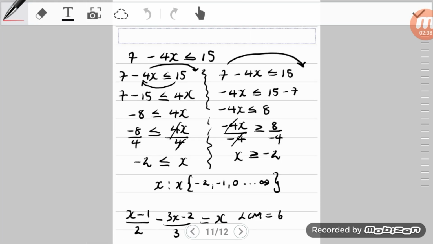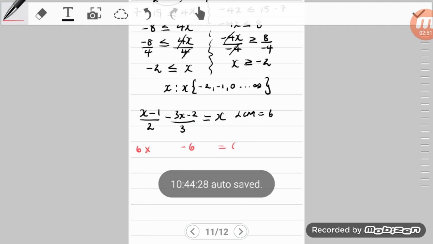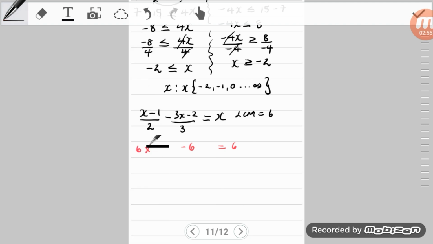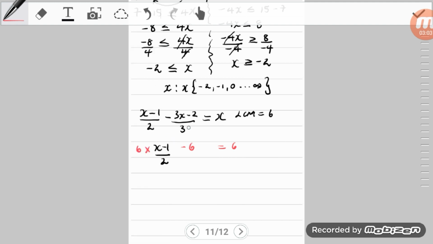So 6 is going to multiply the x minus 1 over 2. And then I'm going to be using the 6 again to multiply the 3x minus 2 over 3. And then once again, I'm going to be using the 6 to multiply the x. So let's just put those in. The 6, which is the LCM, is going to multiply the x minus 1 over 2. And as you can see here, I'm going to put down my minus sign.